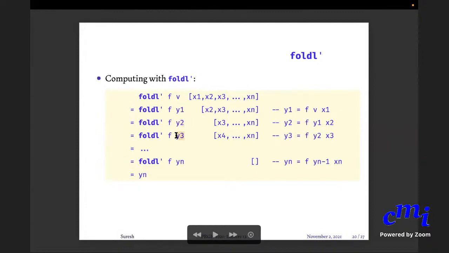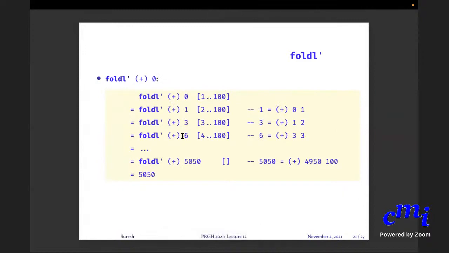So if you look at this example, foldl' of plus 0 [1..100] will be foldl' of plus 1 [2..100], because 1 is plus of 0 and 1. Then it will go to 3 because that is plus 1, 2. Then it will go to 6 because that is plus of 3 and 3, and so on and so forth.